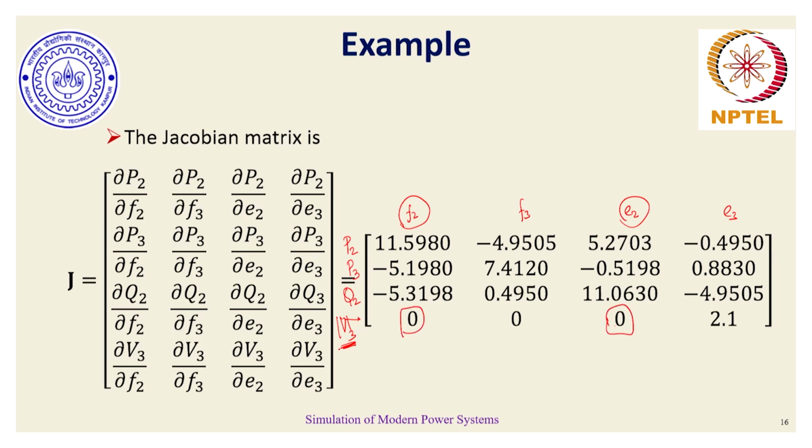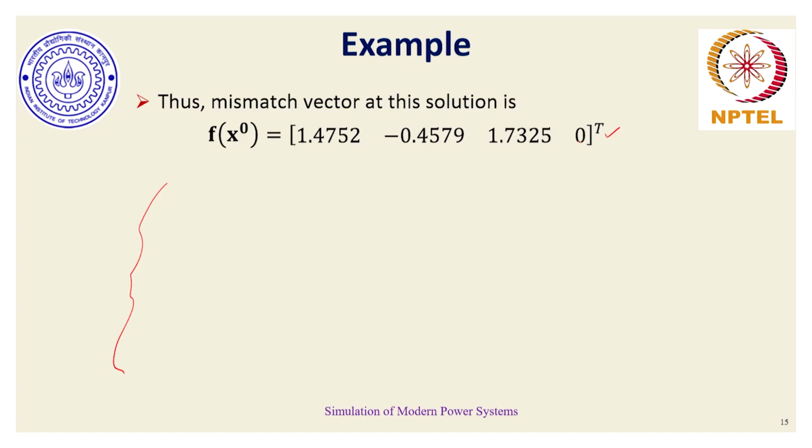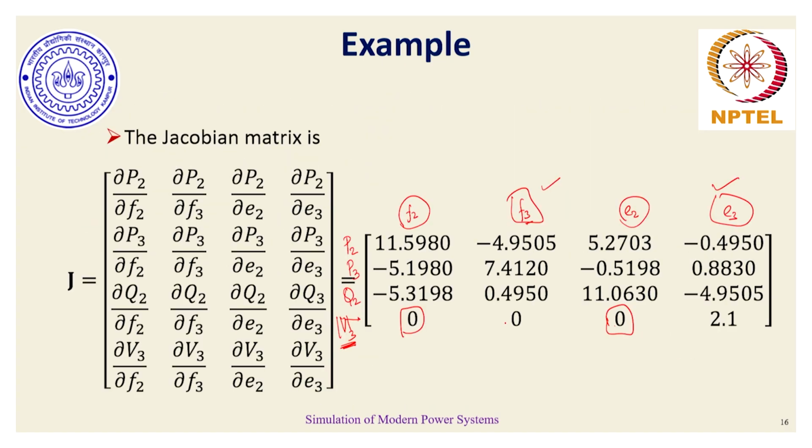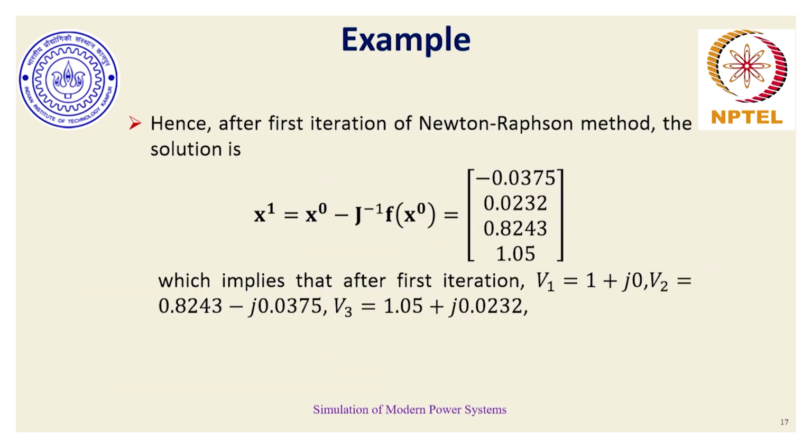Voltage at bus 3 has to do with F3 and E3, but since F3 is initially chosen as 0, which is mentioned over here, this Jacobian element also becomes 0, and 2.1 is because 2E3(0), where E3 is 1.05, is essentially 2.1. With this Jacobian after first iteration, if we put in those numbers appropriately and do the matrix multiplication, this is our final first iteration solution.